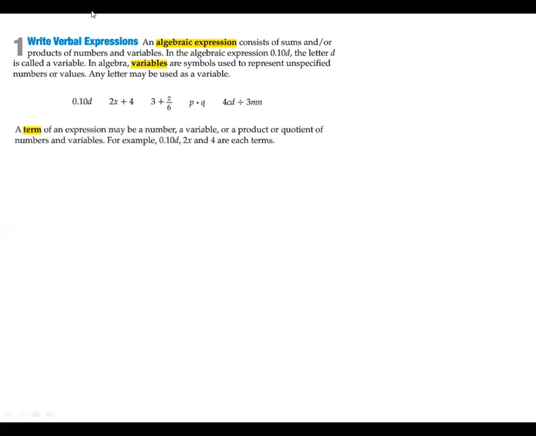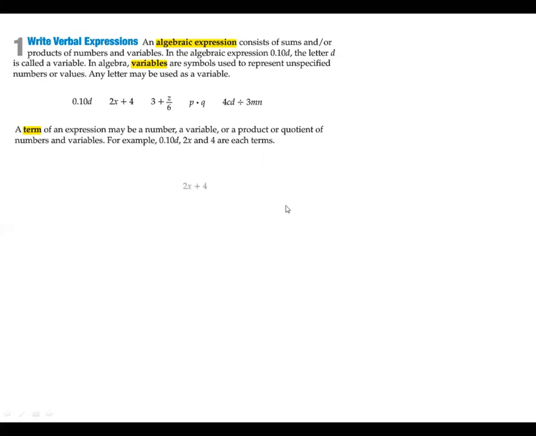Typically, terms are separated by addition or subtraction. If you just have one term like the 10D, then that's just one term. But the 2x plus 4, you have two terms here. The p times q would not be two separate terms because they're not separated by addition or subtraction, and same thing here. Division does not separate terms.